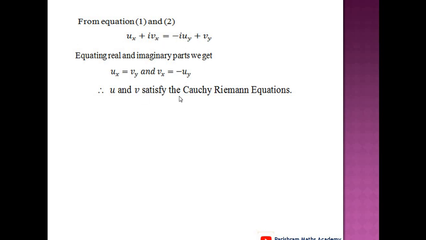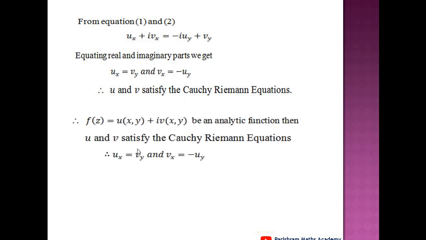It means u and v satisfy the Cauchy-Riemann equations. Therefore, if f of z equals u(x, y) plus i v(x, y) is an analytic function, then u and v satisfy the Cauchy-Riemann equations, that is ux equals vy and vx equals minus uy.